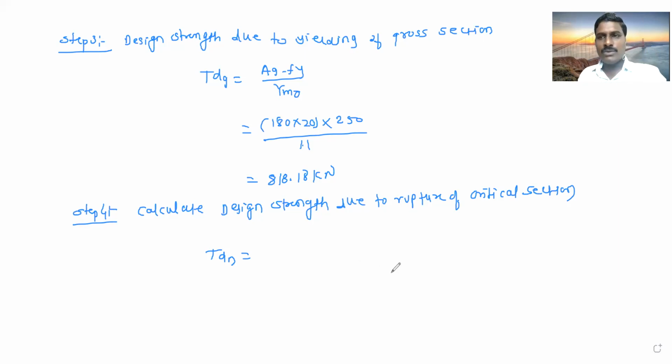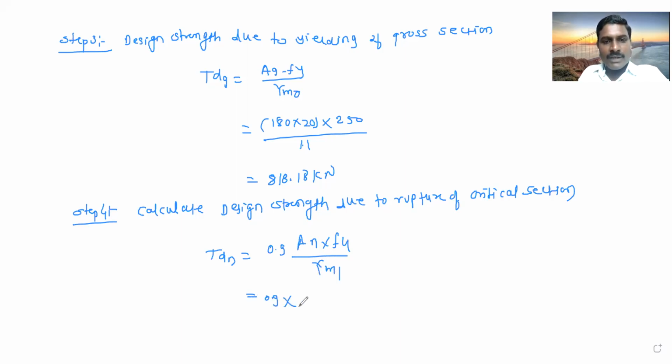Okay, again, sorry for the disturbance. So the design strength due to rupture of critical section, TDN, for the plate. There is a formula. Have you written it? Has anyone solved it? 0.9 AN into FU divided by gamma M1.